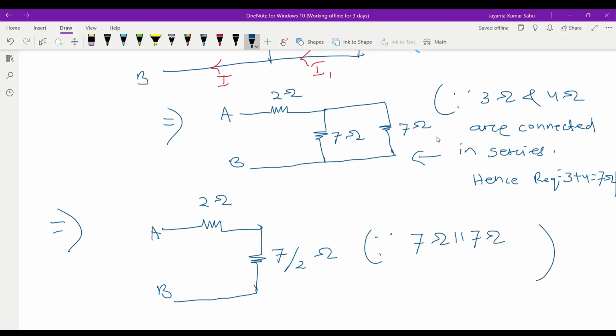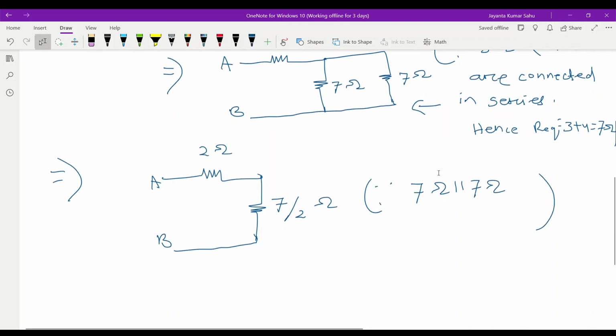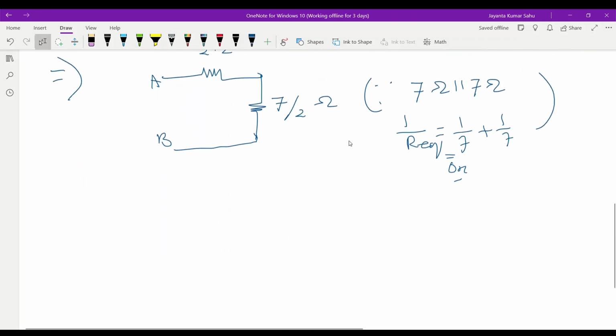What is the procedure? How to calculate the equivalent resistance? We can apply 1 by R equivalent is equal to 1 by 7 plus 1 by 7. Or, since two resistances are connected in parallel, R equivalent is product by sum: 7 into 7 divided by 7 plus 7.